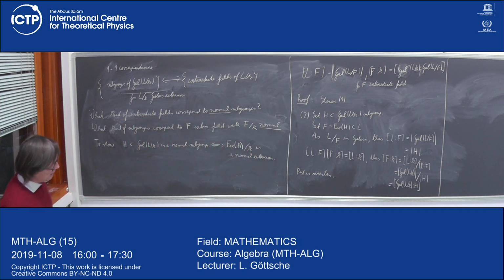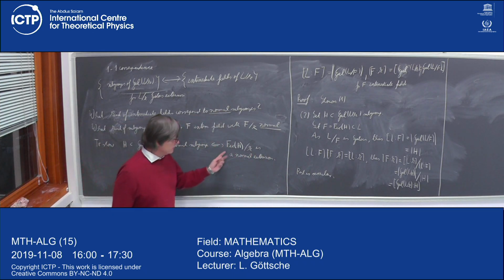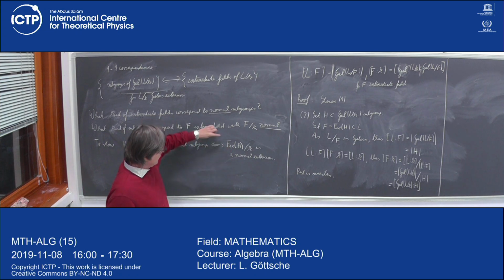We know the other way around is always true: we had seen that L over the fixed field, actually L over any intermediate field, is always a normal extension, almost by definition. But to have it the other way around is not so clear.